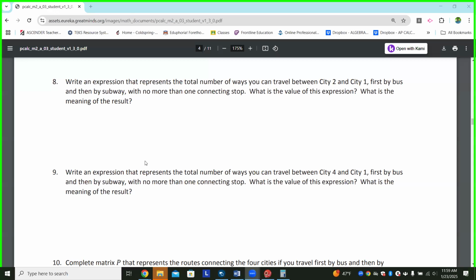All right, so number 8, it says write an expression that represents the total number of ways you can travel between city 2 and city 1, first by bus, then by subway, with no more than one connecting stop. What is the value of this expression, and what is the meaning of the result? So for starters, they want you to build an expression.